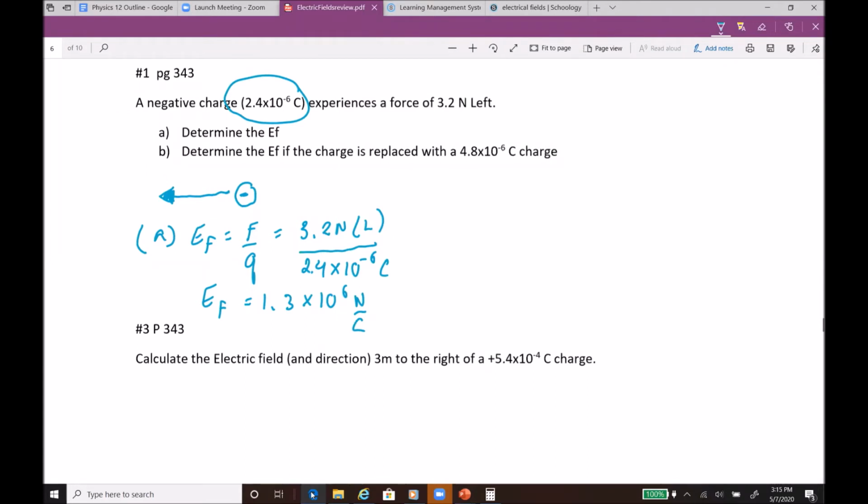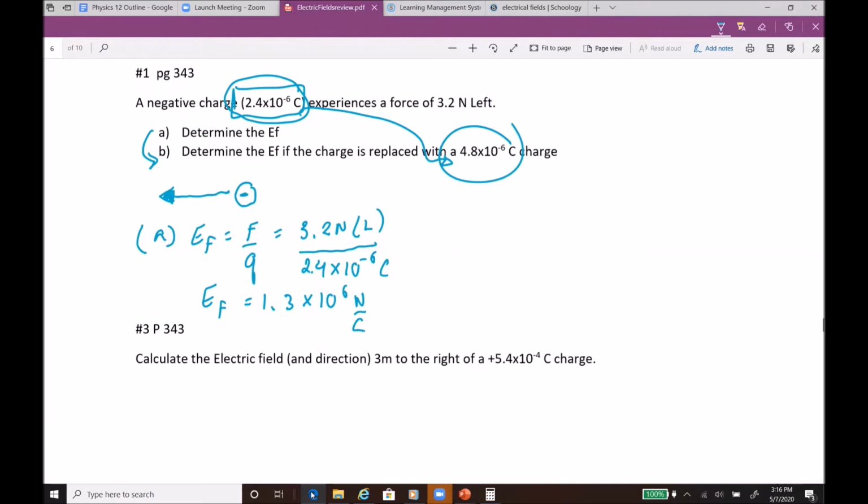Now, the second part of the question. The reason why I picked this question is not because the calculation was hard. It's actually because of the follow-up question. It says what would the electric field be if we replace the charge with, so we replace this charge with this charge.